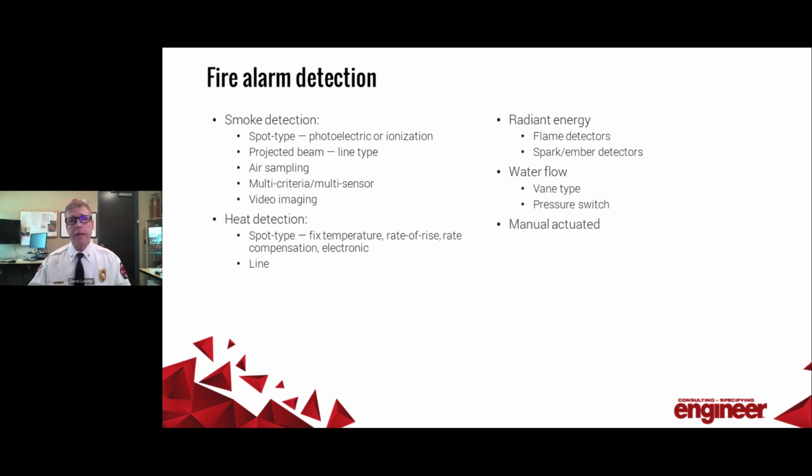We also have other detectors, like the flow of water in our water-based fire suppression systems. And then we also have manually actuated fire detectors, right? Which is not to be dismissed. The code actually requires manual actuation in quite a few occupancies. However, they can also be used for certain specific requirements.